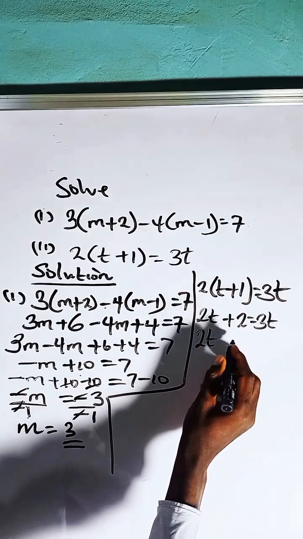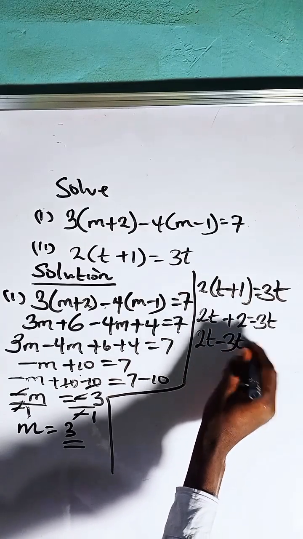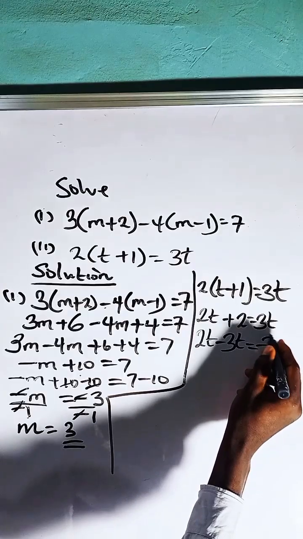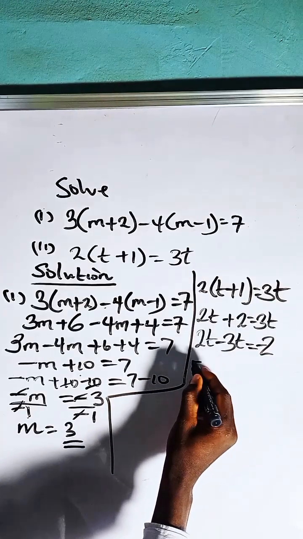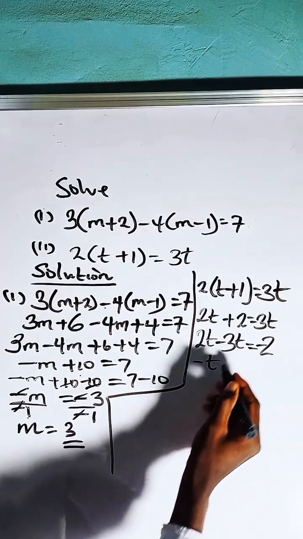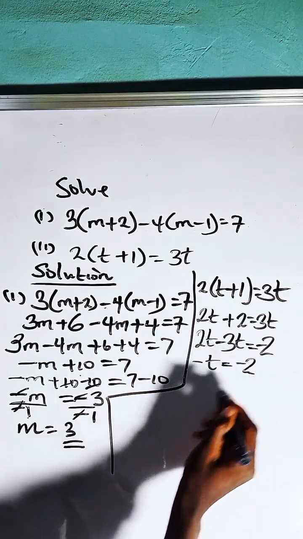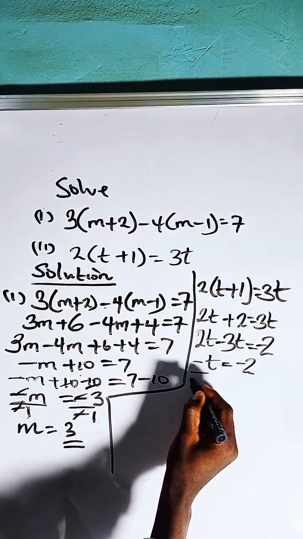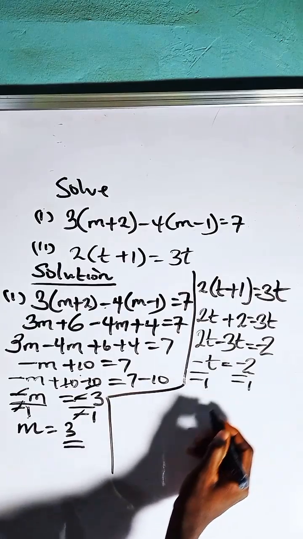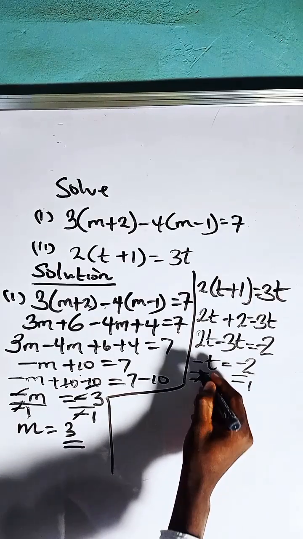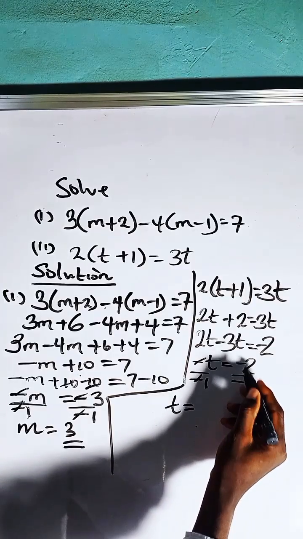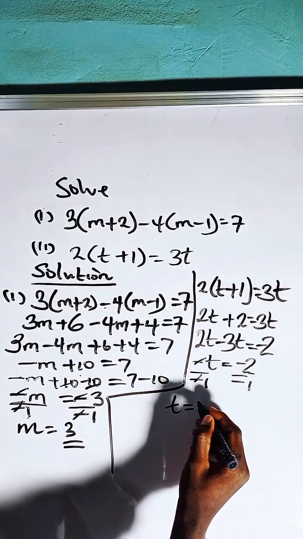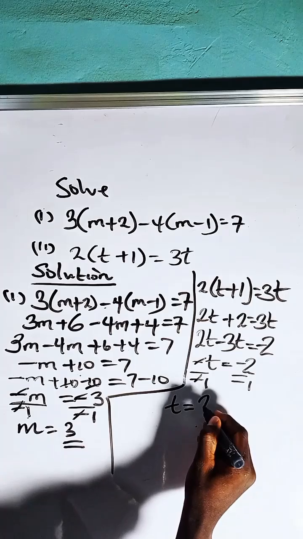So we have 2t minus 3t equals minus 2. For 2t minus 3t, we have minus t, equals minus 2. So we divide both sides by minus 1, which is the coefficient of t. This is out, so we have t equals, when we divide this, 2.